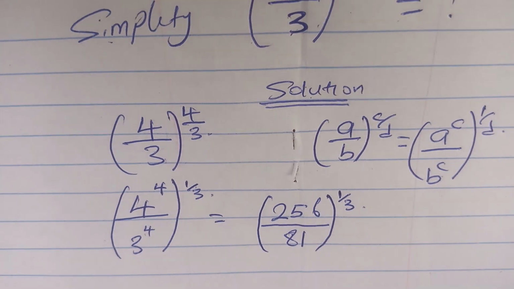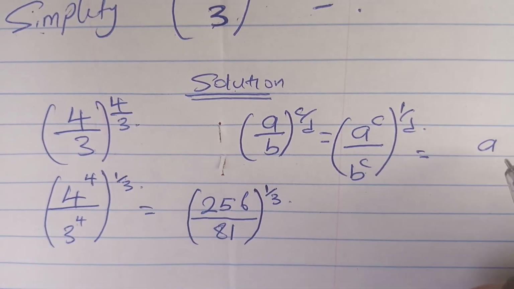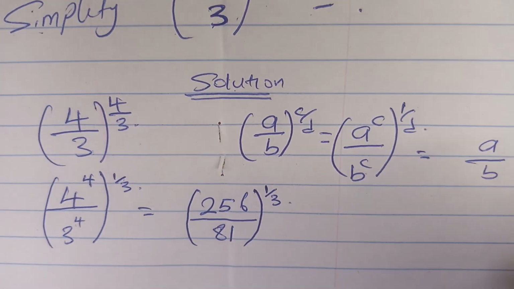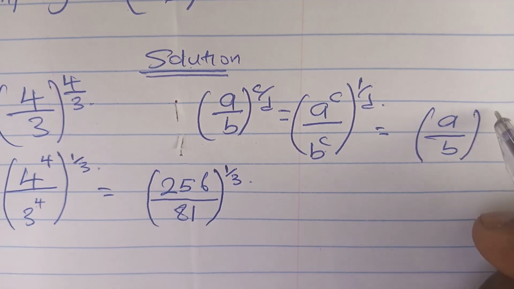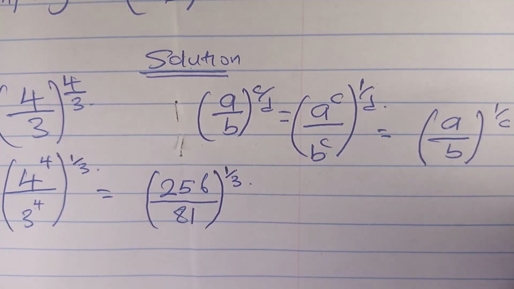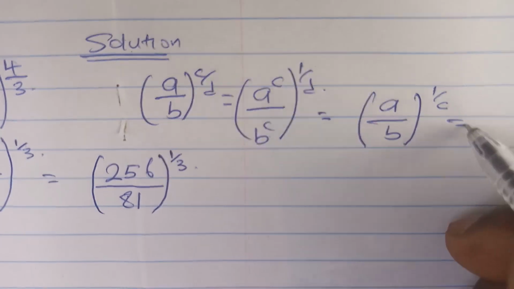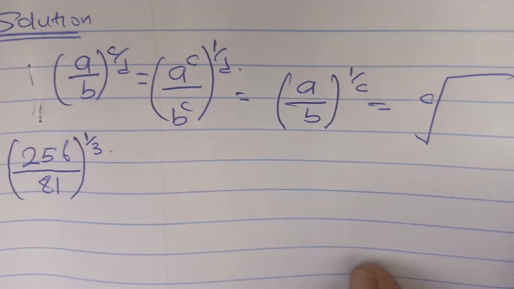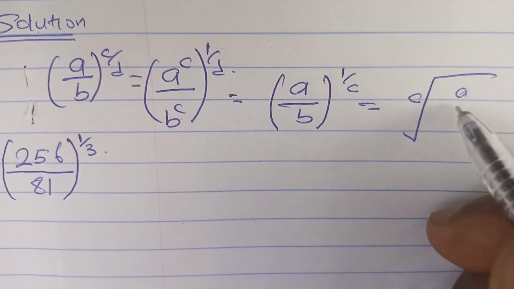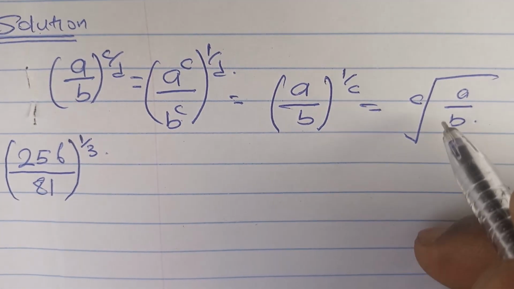Since we've done this, what then is the next step? From here we are going to apply another principle which says if we are having a over b to the power of 1 over c, it is also equal to the c root of a over b.